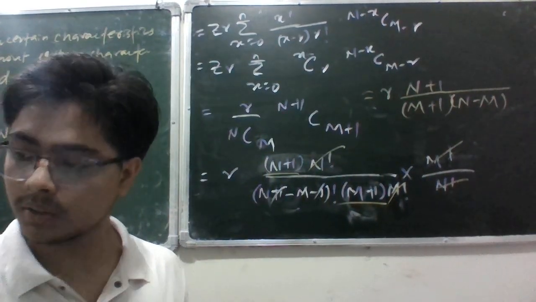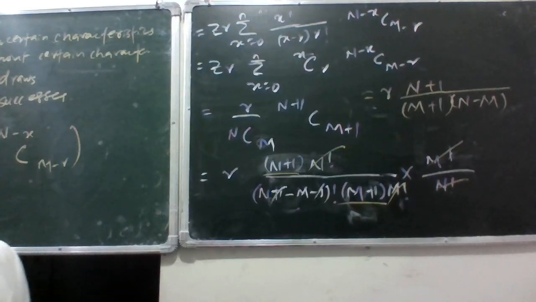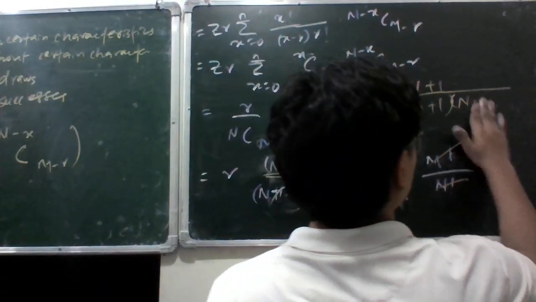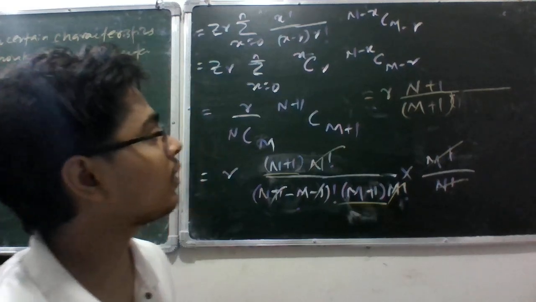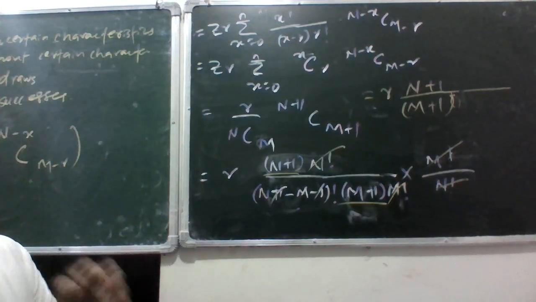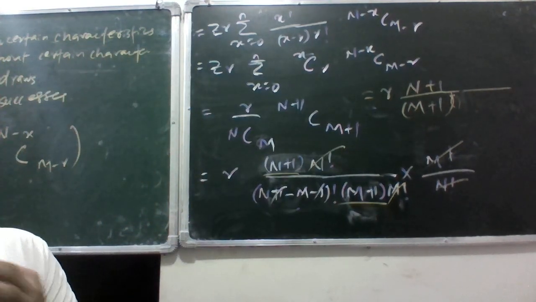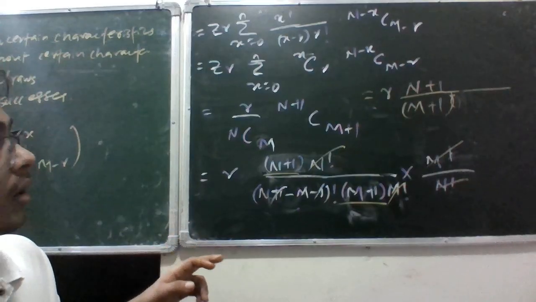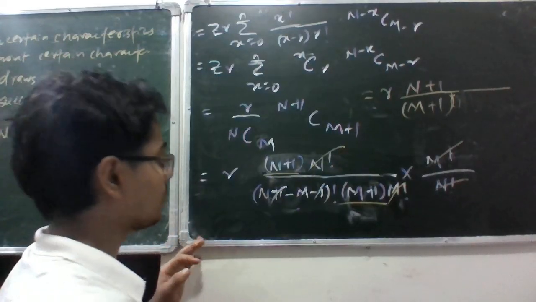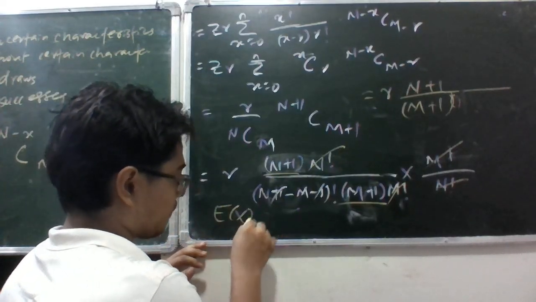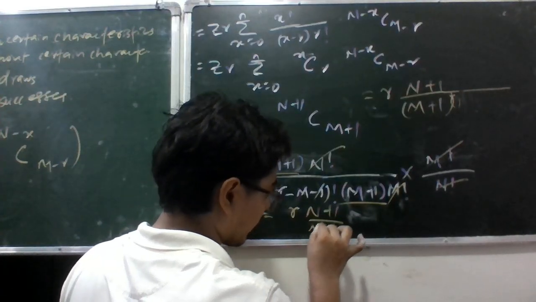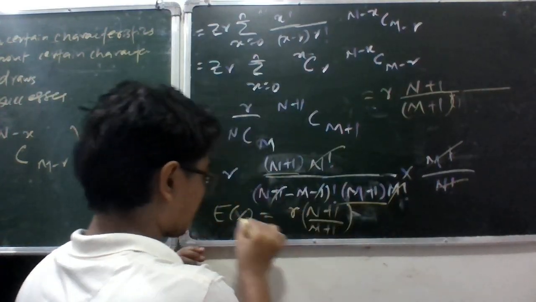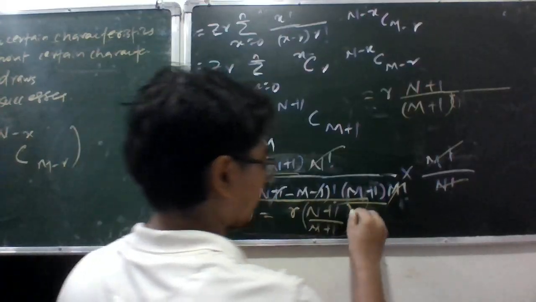Let me check. No, I am not correct, because somehow this also gets cancelled and we only get this. Just figure out how we get that. Okay, now we have got our expectation, that is expectation of x equals r times n plus 1 by m plus 1. So this is our mean.